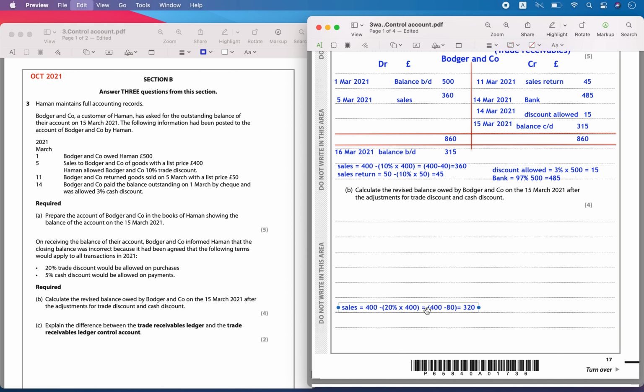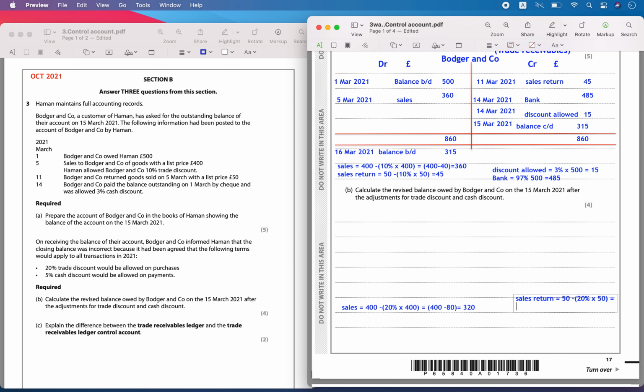Then sales return. Let's adjust the sales return. We'll take the same sales return here. The sales return would have been at the 20% discount now.